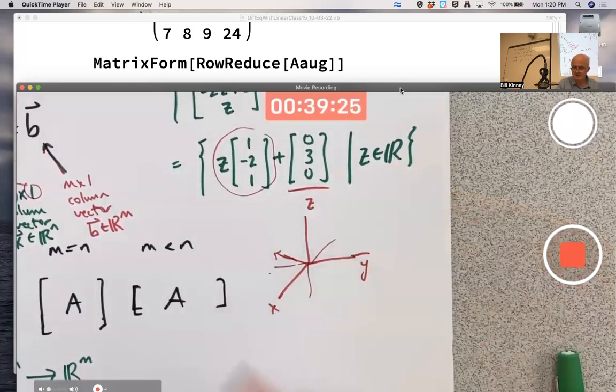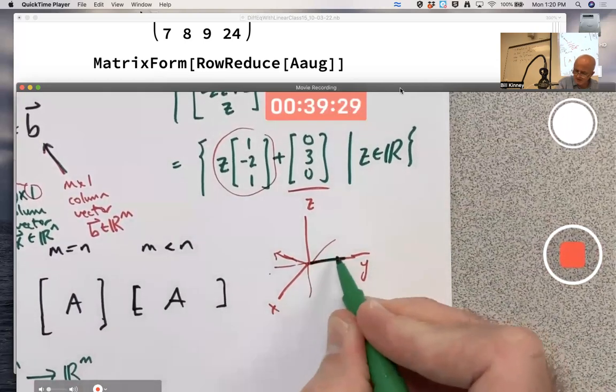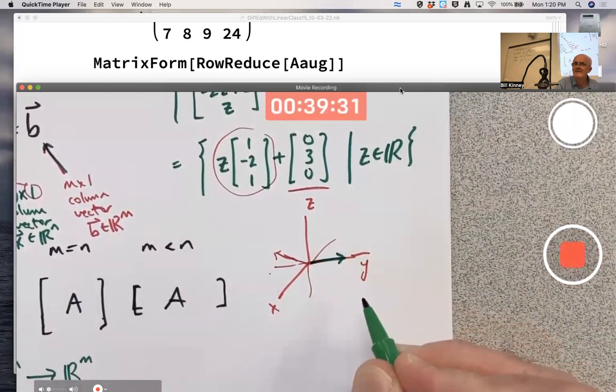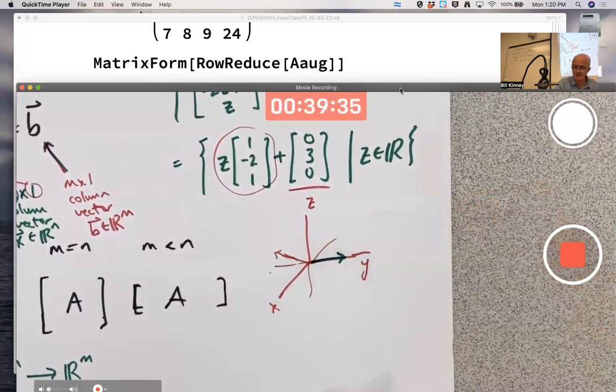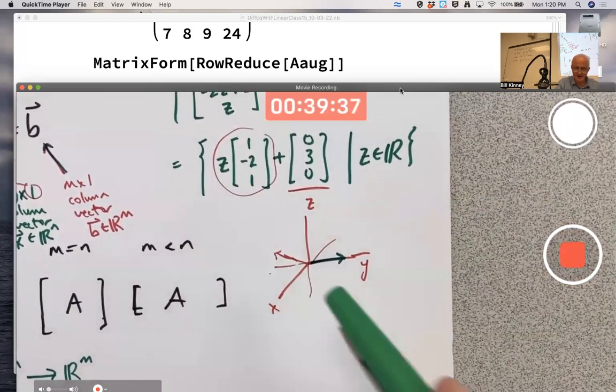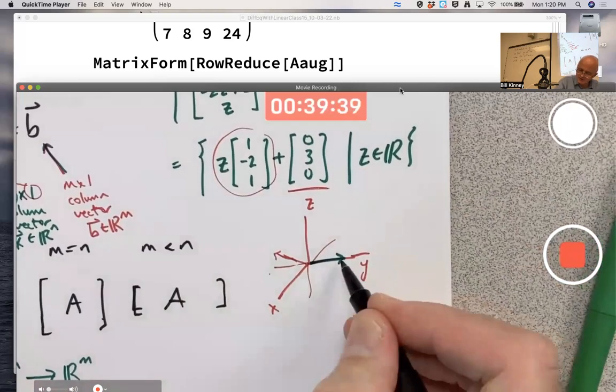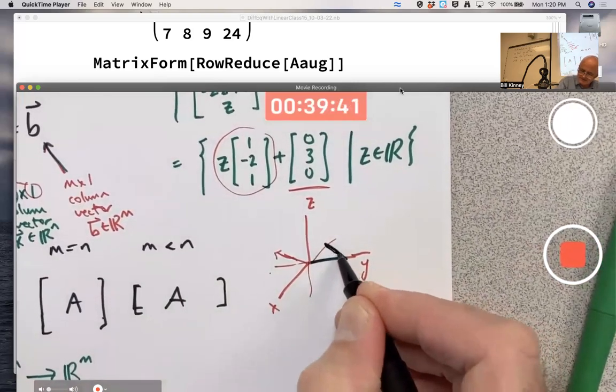This constant vector 0, 3, 0, which would be over here, shifts the line so it's not through the origin. The line itself is parallel to the red vector and also goes through this point here. So it would look about like this.